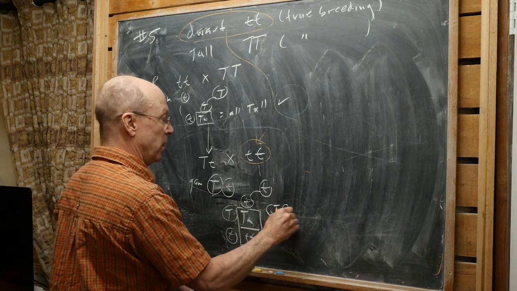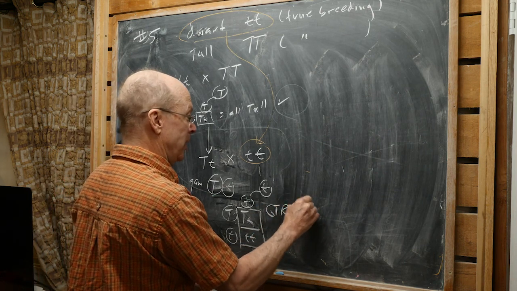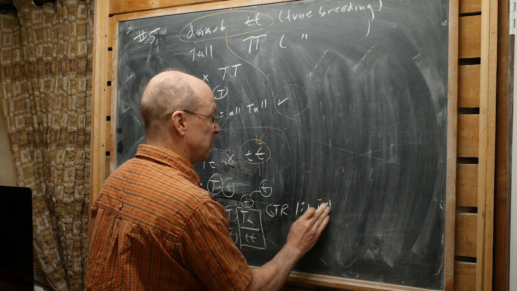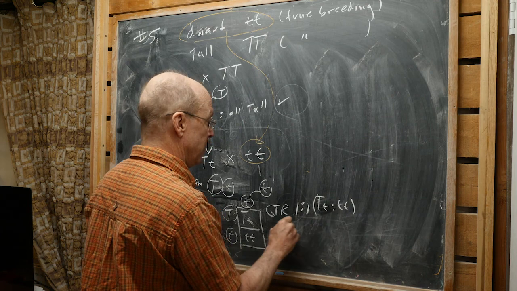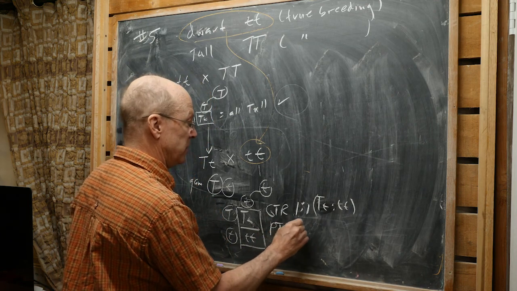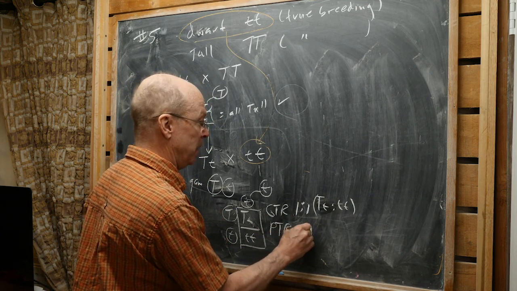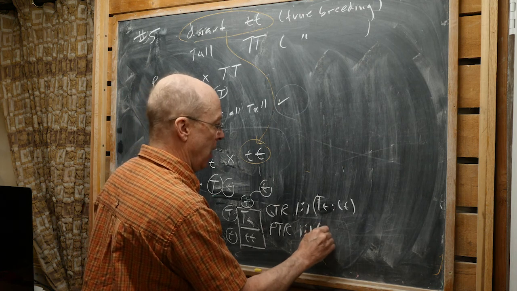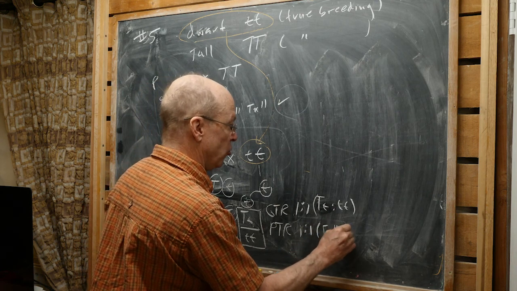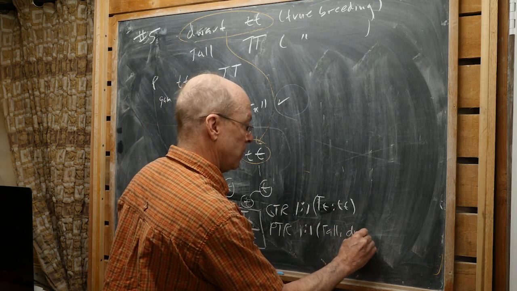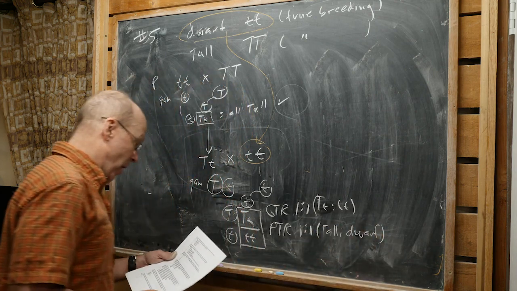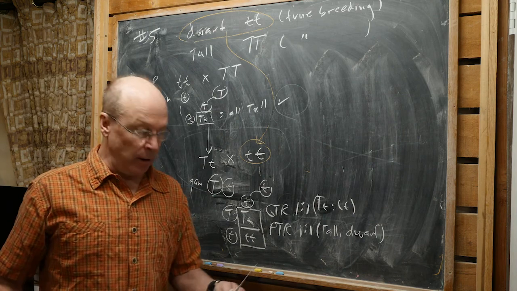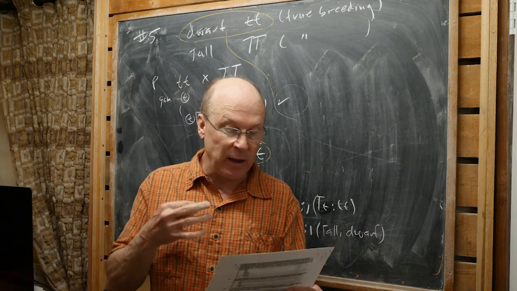Genotypic ratio is 1 to 1, big T little t to little t little t. Phenotypic ratio is a 1 to 1 in this cross expected: tall to dwarf. Now we already know that 50% of them are going to be dwarf. Now we can answer the question.